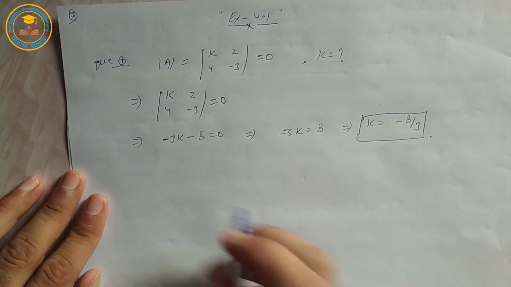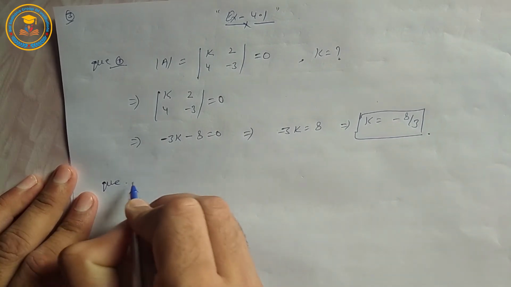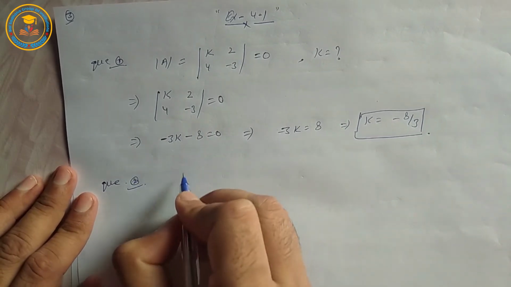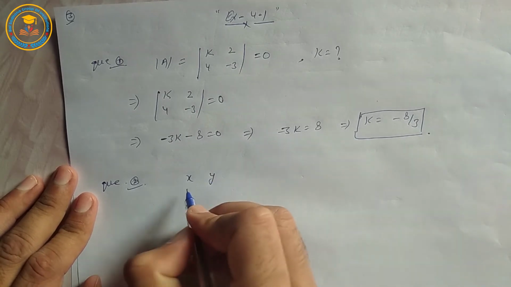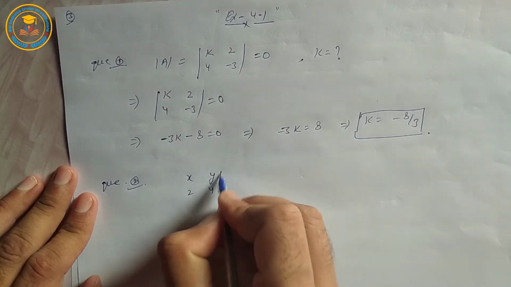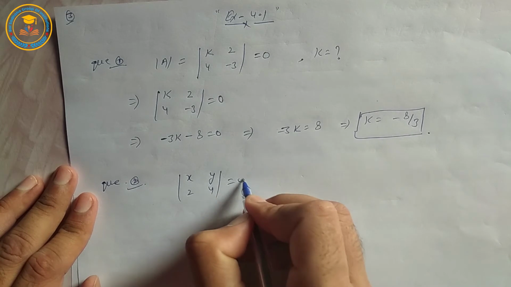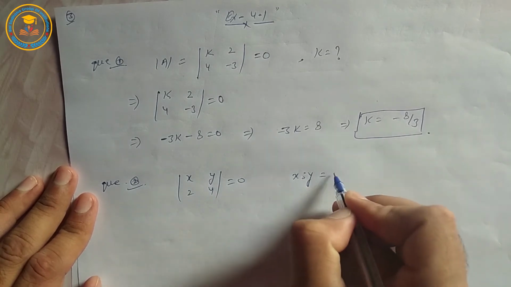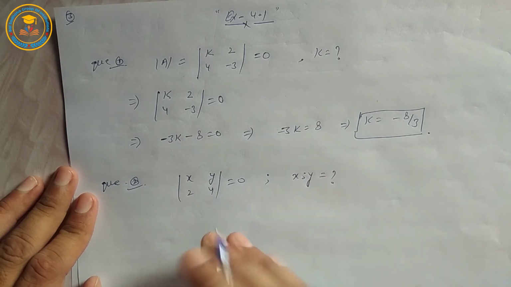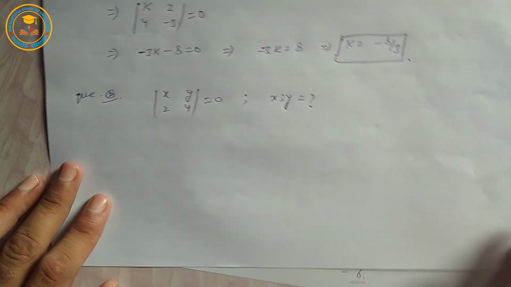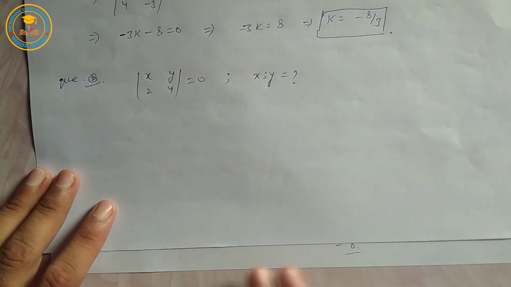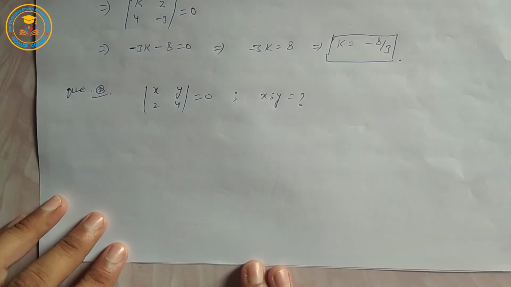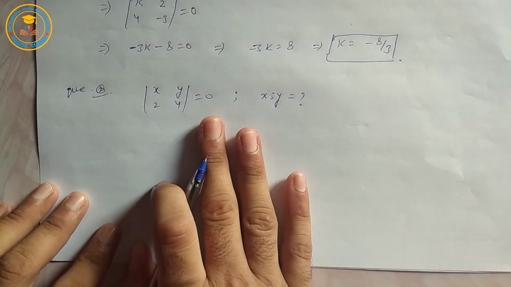Question number second. If the determinant with rows x, y and 2, 4 is equal to 0, then find x ratio y. Order of determinant is 2 by 2.